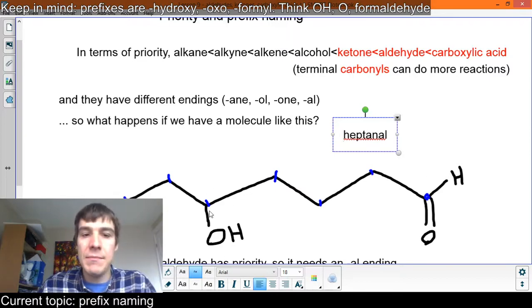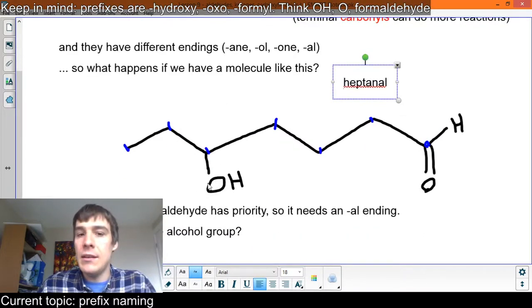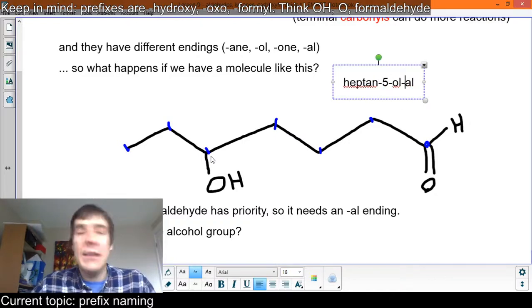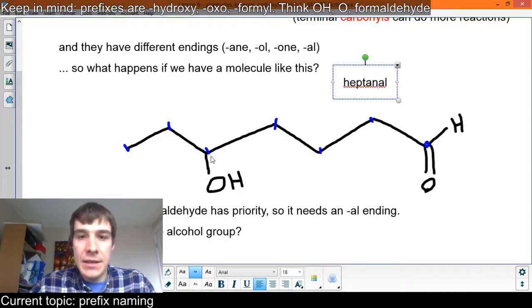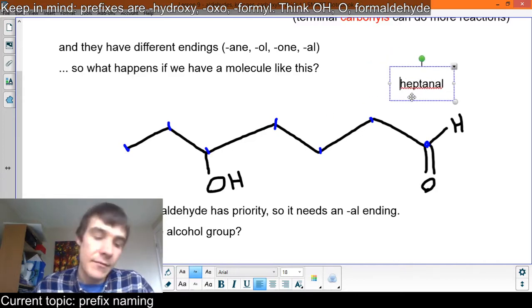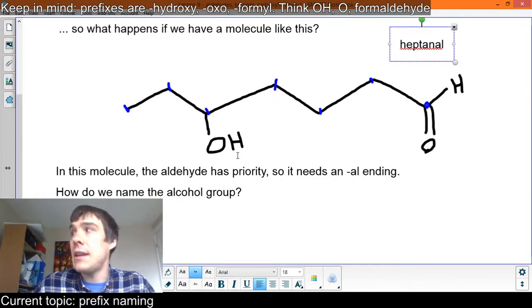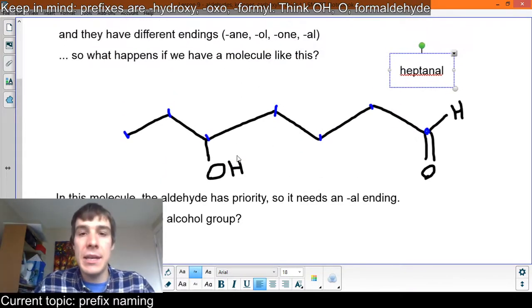But how do we name this guy, right? This OH group. I guess theoretically, this is number 5. You could kind of go 5-ol, but that seems odd. So there's a different process here, and that's naming the alcohol as a side chain instead of the main chain.